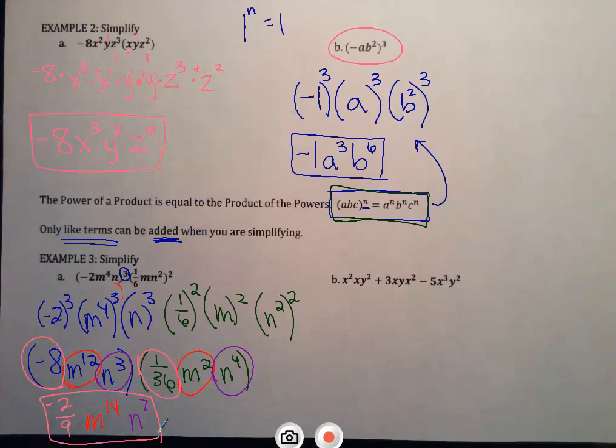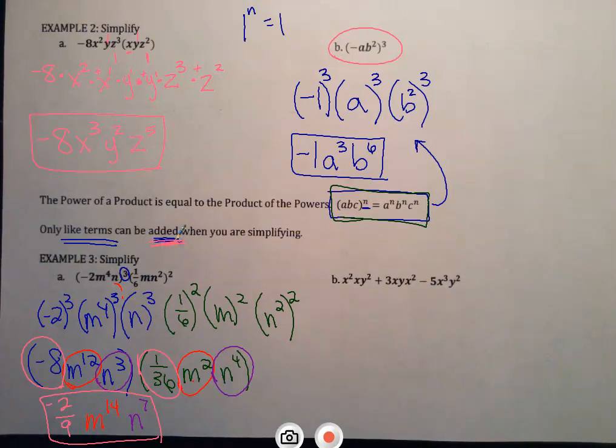Okay, how is B different than A? It's not in parentheses. Why is it not in parentheses? It doesn't have fractions. Okay, it doesn't have fractions. It's not in parentheses because we're not multiplying. We are adding and subtracting this time. And again, only like terms can be added when you are simplifying.